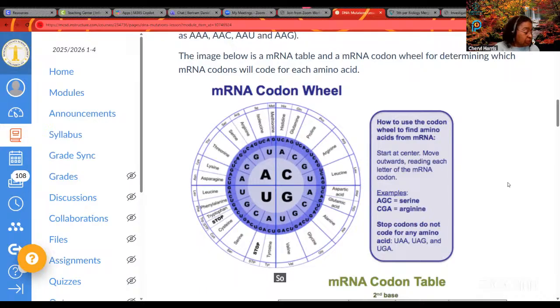So this one is GLN. And GLN is glutamic acid. Right?